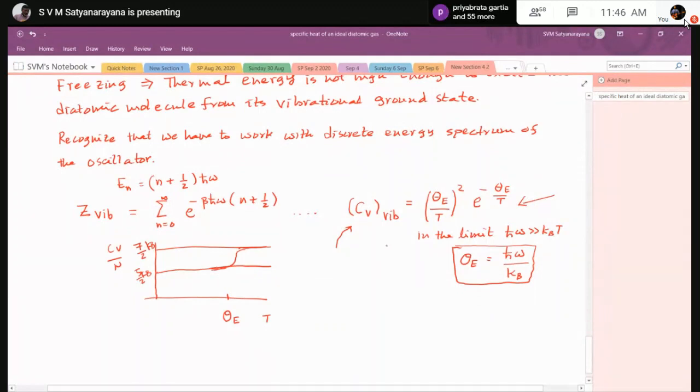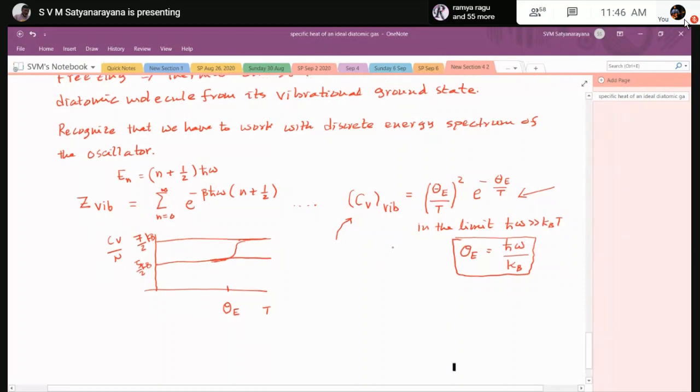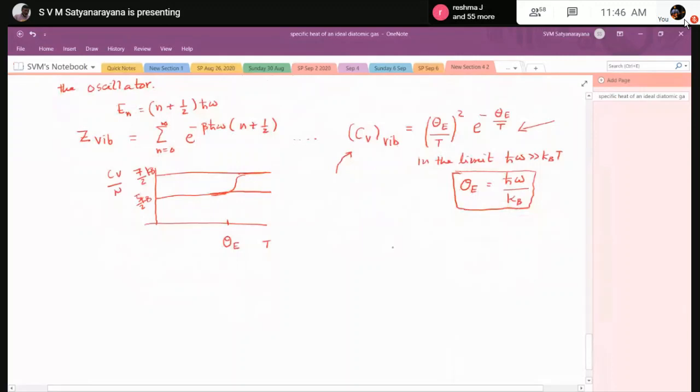Okay, so this is good. We have used some knowledge that we have already obtained from Einstein's theory. Now, what about the rotational degrees of freedom?